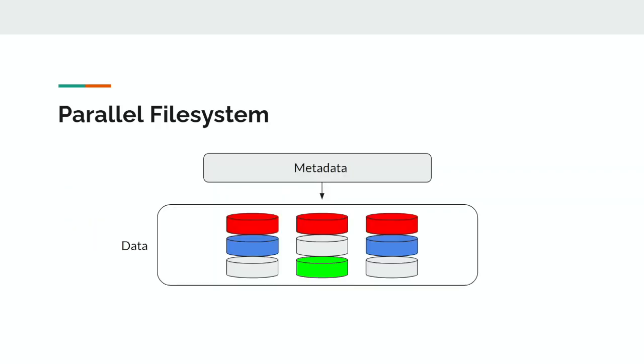And just a little bit of a diagram of what a parallel file system can look like. So you have a metadata server. This stores all the information about a file, where it is, where each of the blocks are, and things like that. And then you usually have what are called object storage servers, which is where the data actually resides. So these can be separate.